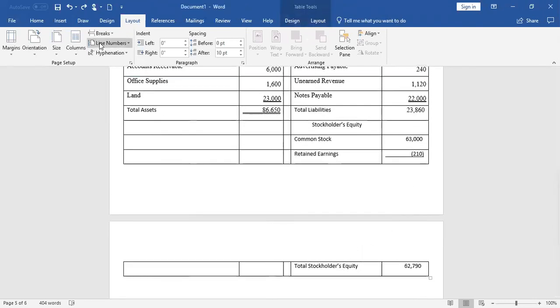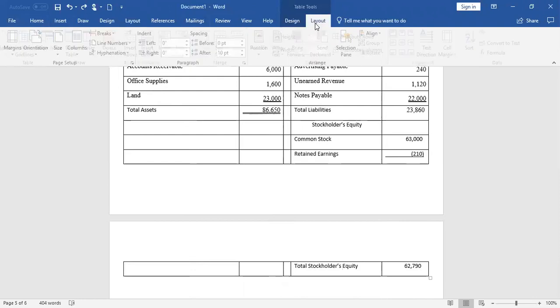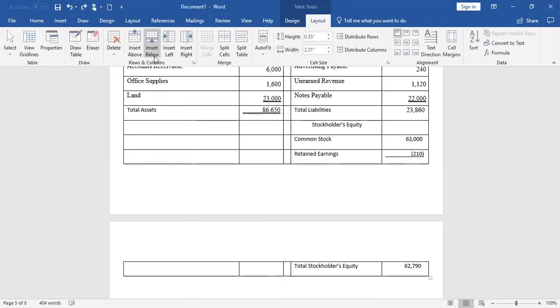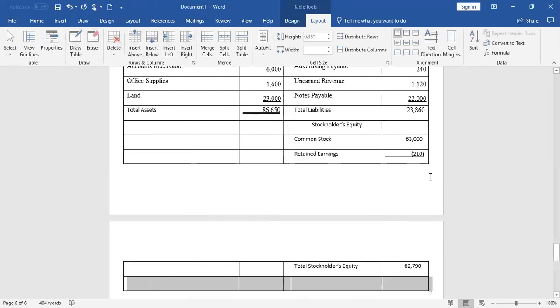I need to put one more, and I apologize for the lines being a little messy here and advancing to the next page, but the final line of our balance sheet should be total liabilities and stockholders' equity.